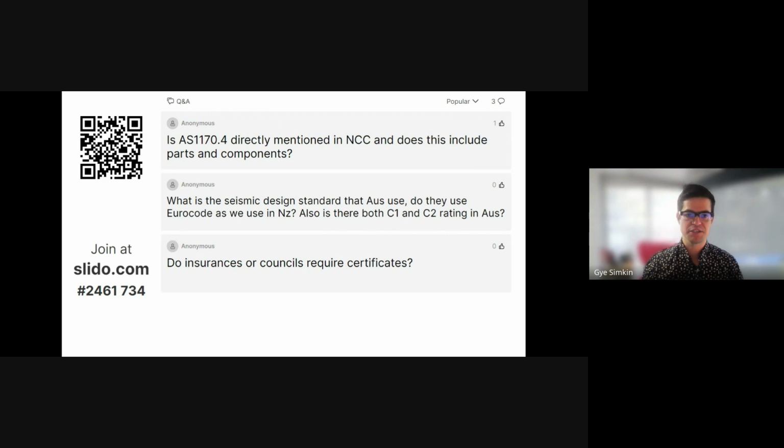Similar to the PS1s, which come from council as a requirement. And insurances, to be honest, I'm not 100% sure if that is an umbrella type requirement for all types of commercial projects. But I would imagine those certificates would be used in some way for insurance purposes. That's a great question.